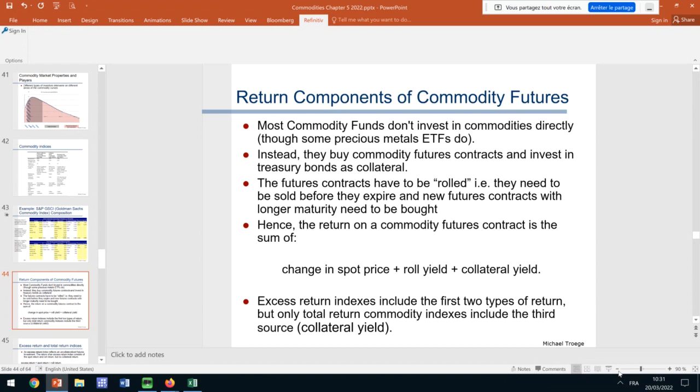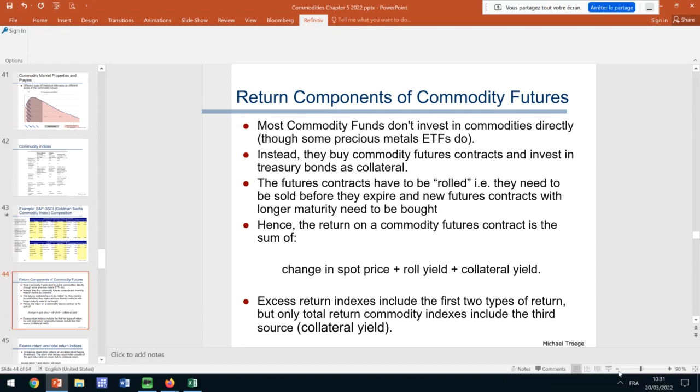So they buy the risk, if you want, of the futures contract, but they don't really invest your money in the futures contract. That already tells you that the return you will get on this fund will depend on the risk-free interest rate, because your money is invested at the risk-free rate, and then of course on the change in the price of the futures contract.